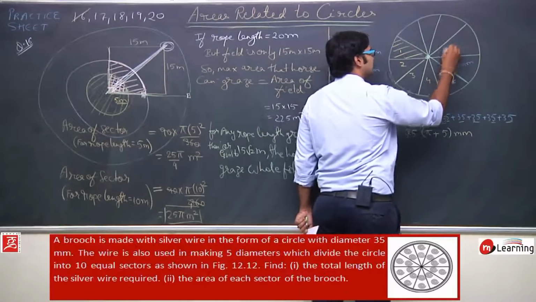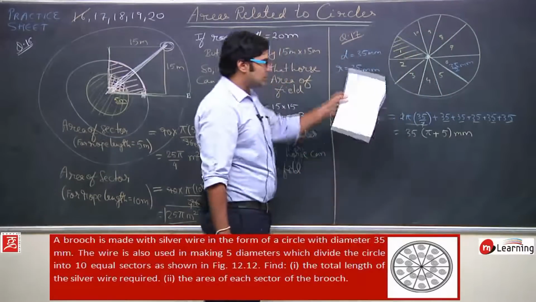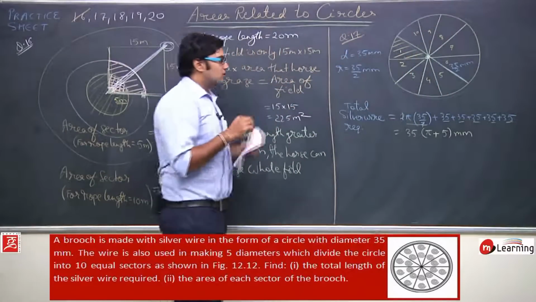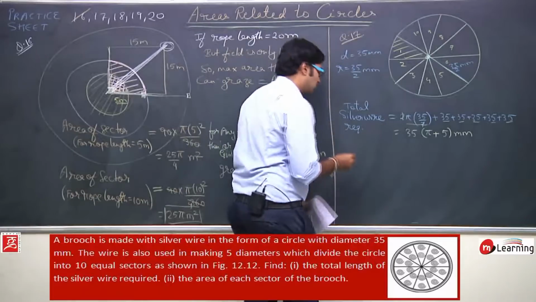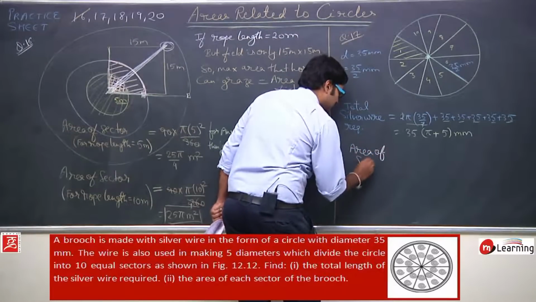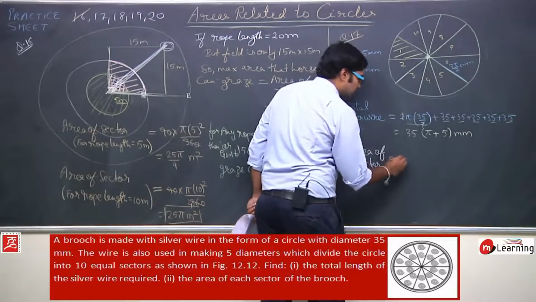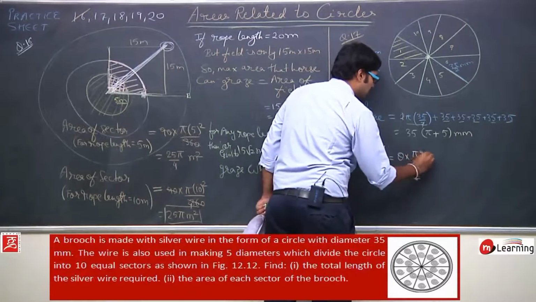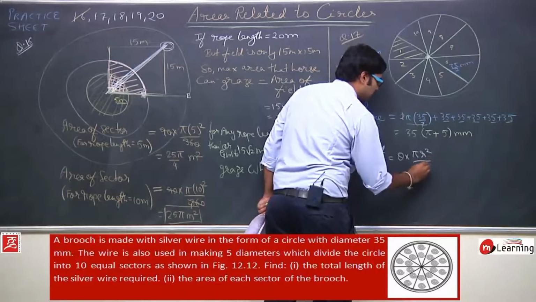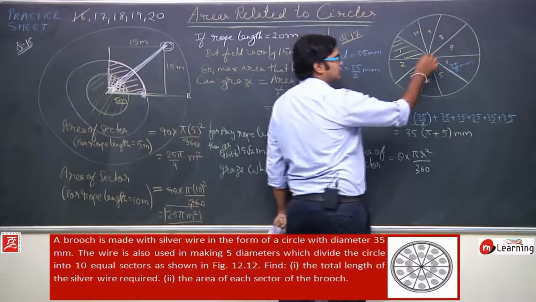Since all the sectors are equal, I need to calculate the area of this sector. For that, we know that area of sector is equal to theta into pi r square upon 360 degree. So what is theta? We need to see the theta.